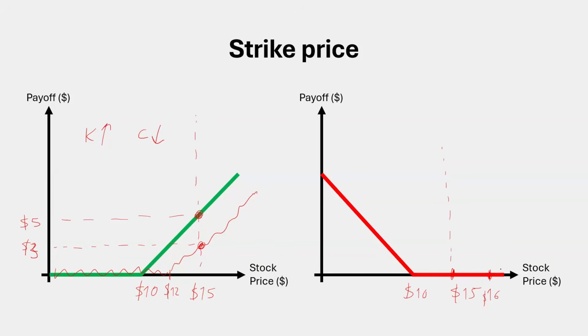So now the new option payoff schedule will be 0, 0, 0, and it will start becoming positive and going up like this. So at the new strike price of 16, as you can see, the put option has now become in the money with a payoff of $1.